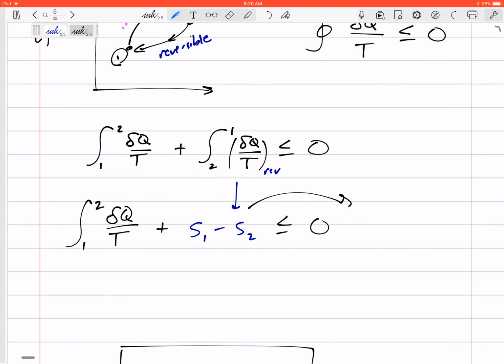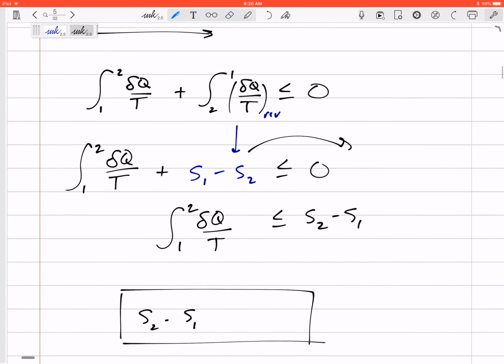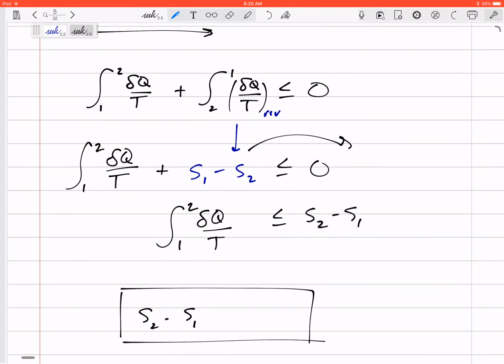So now I'm going to subtract this to the other side of the equation. So subtract that, put a negative on that. Instead of putting a negative on that, I'm going to switch and say S2 minus S1, and we've got this less than or equal to or greater than, depending on what direction you're looking at it. The integral from 1 to 2 of delta Q over T is always less than or equal to S2 minus S1.